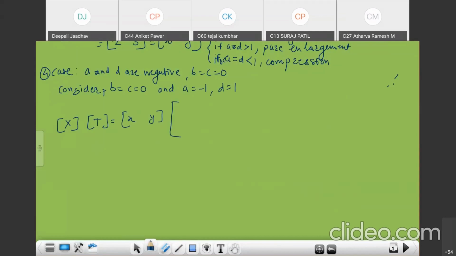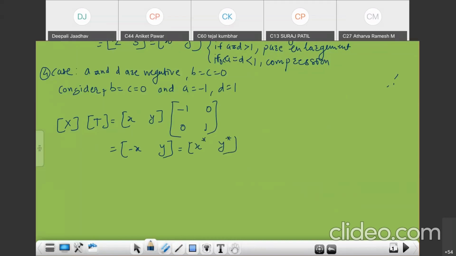It is -1, 0, 0 and 1. So when we multiply this with this one, what is the result here? We get -X and Y. Correct? What result will we get? -X and Y, which are the new points X star and Y star.